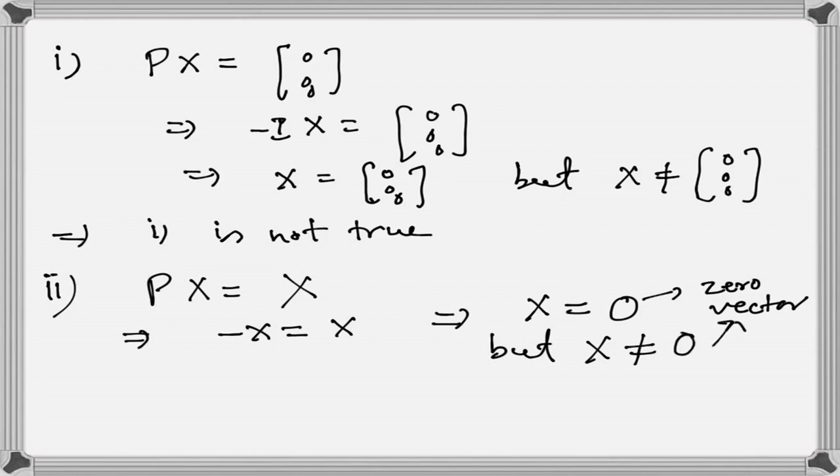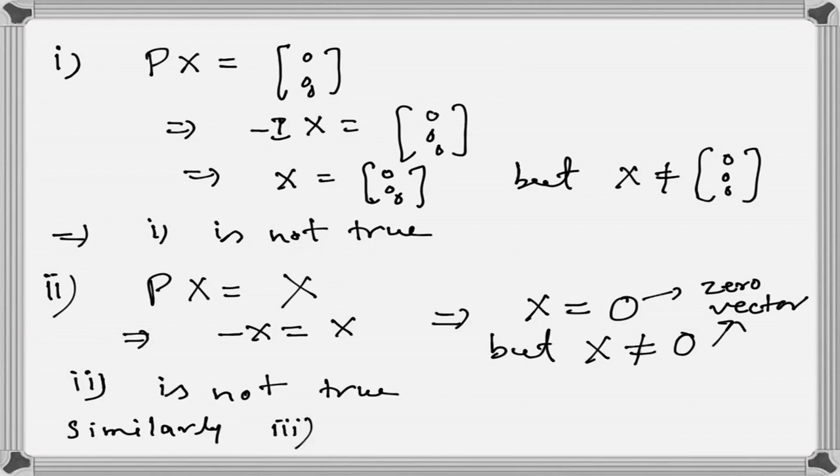This big zero denotes the 0 vector. So that means 2 is also not true. Similarly 3 is also not true, because 3 is satisfied only if x is 0.